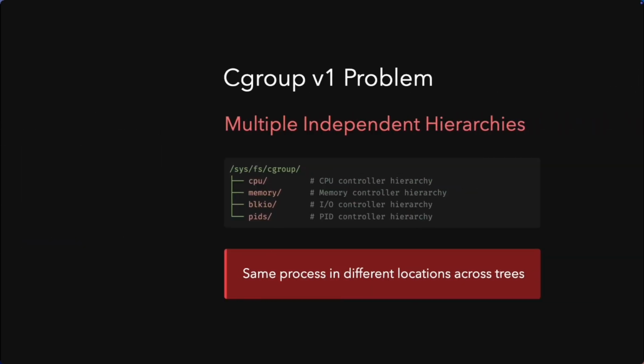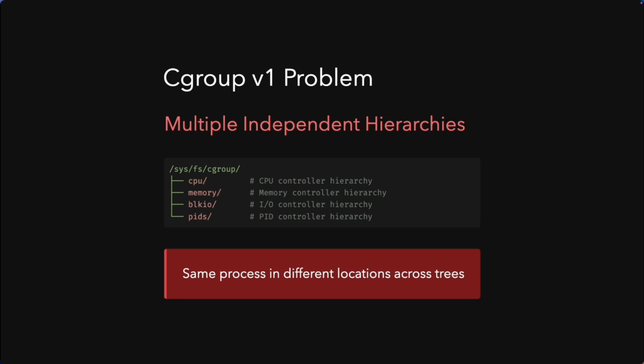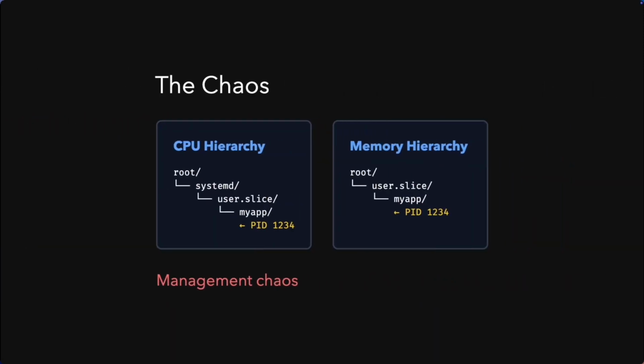But there was a problem with cgroup v1, a design problem that took 10 years to fix. v1 allowed every resource controller, CPU, memory, disk I/O, to have its own independent hierarchy. The same process could be in one location in the CPU tree, a different location in the memory tree, and yet another in the I/O tree.